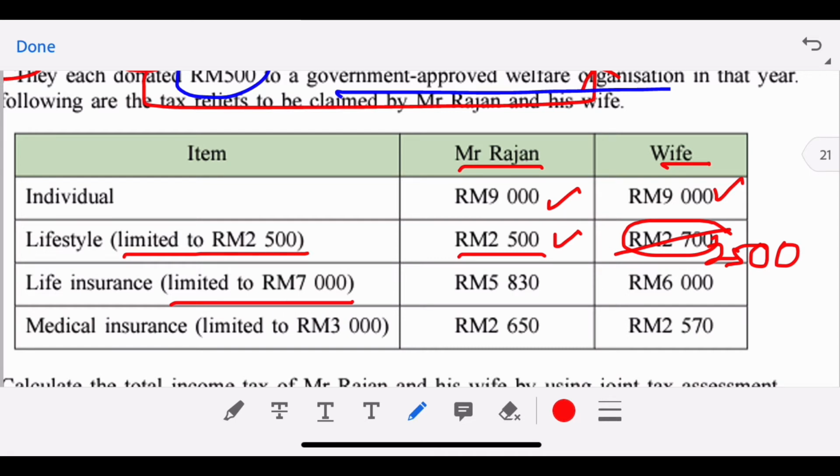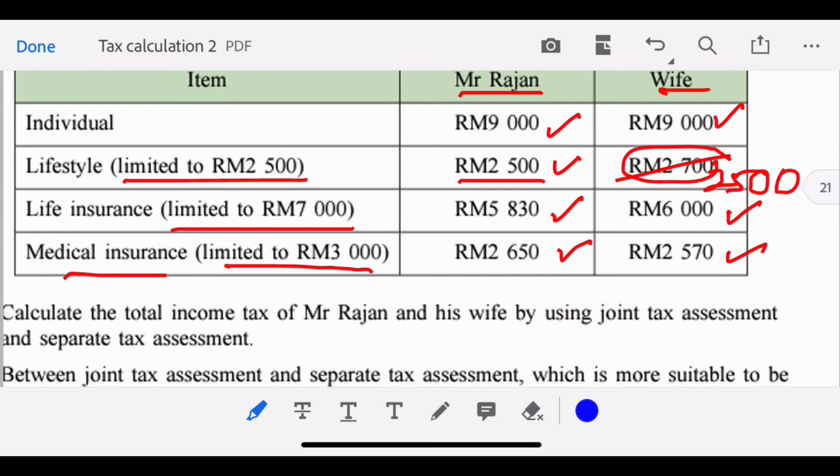Life insurance, this one is still okay for Mr. Rajan. For the wife, still within the limit. How about medical insurance? Medical insurance is limited to 3,000. For Mr. Rajan, it's okay. For the wife, it's okay, still within the limit.